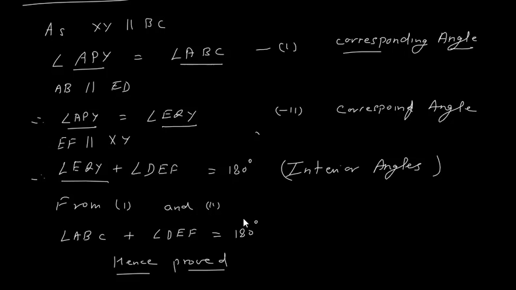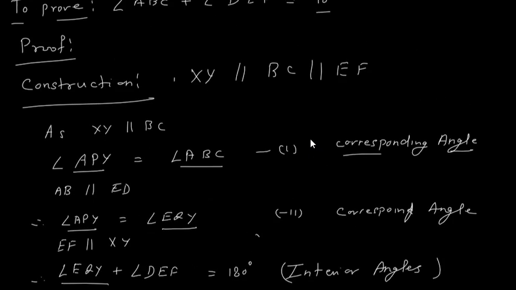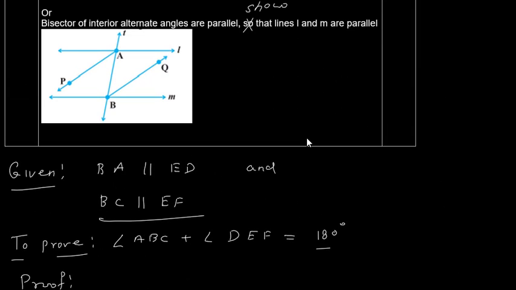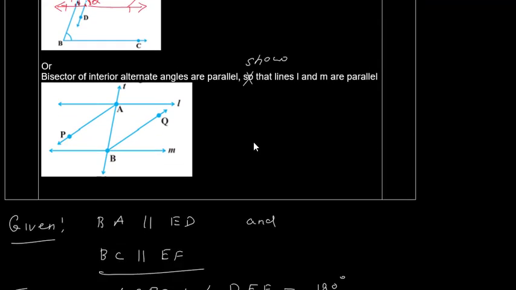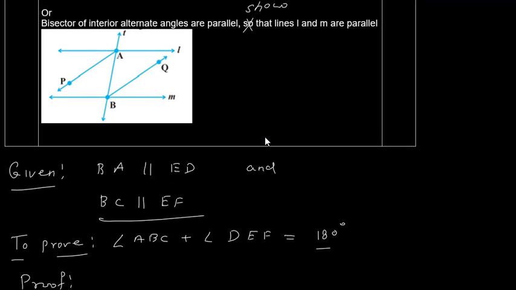Yes, isn't it simple? Right. Or there is an option that bisectors of interior alternate angles are parallel. Then we have to show that lines L and M are parallel. Now check here. We have done the same kind of question just now. You have given PA and BQ parallel. So this angle and this angle are going to be equal as they are alternate angles.